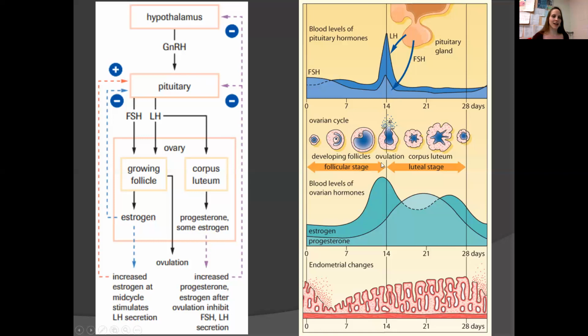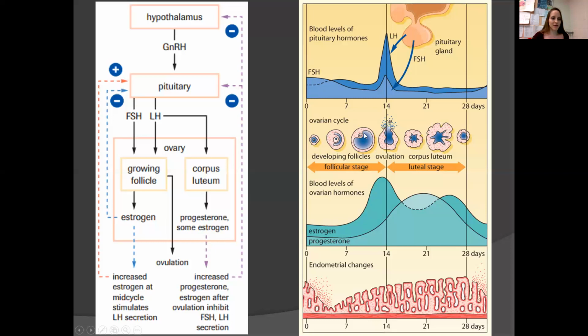On the other side here, we just have a diagram that shows how both the ovarian cycle and the uterine cycle are related. If you look up at the top here, it's showing that this high spike of luteinizing hormone happens at day 14, which is when ovulation happens. You can also see that FSH is fairly high at the very beginning of the cycle, which is what stimulates the follicle to develop.